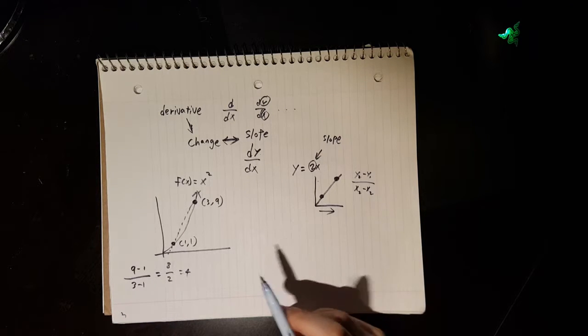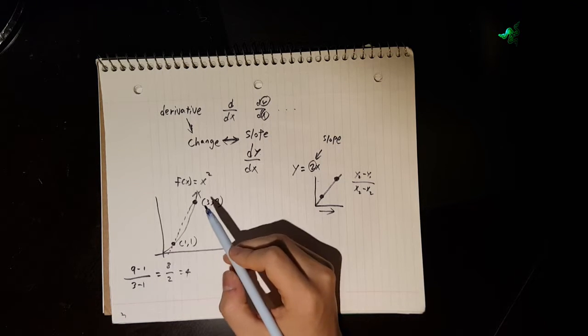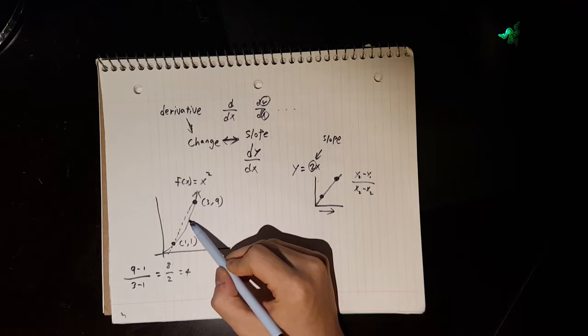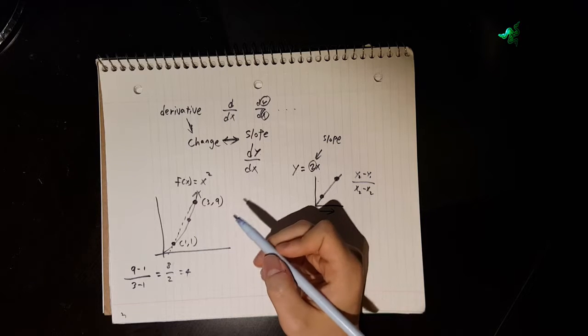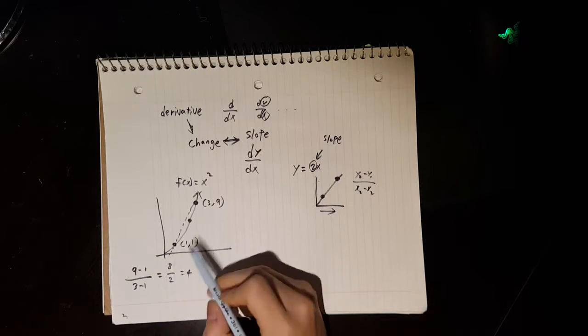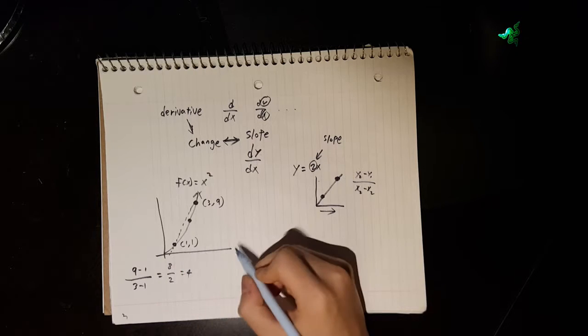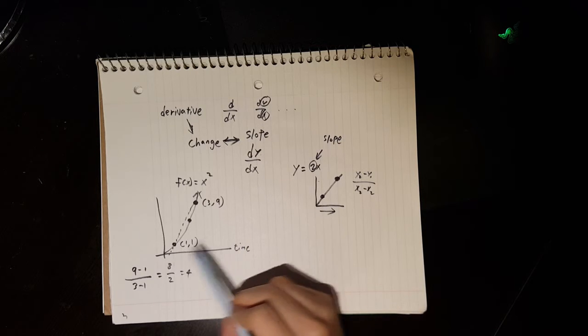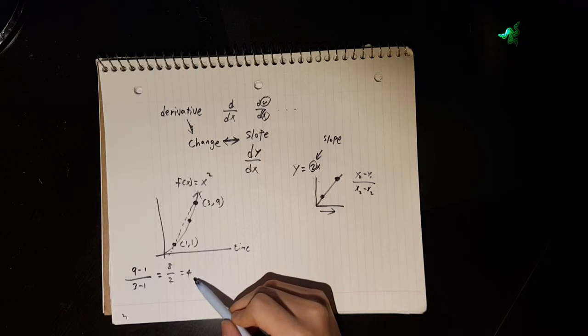Now imagine, what if I brought this a little bit closer? This is a slope from 1 to 3 seconds. We're going to call this time, because time is easy to imagine. From 1 to 3 seconds the slope is 4.